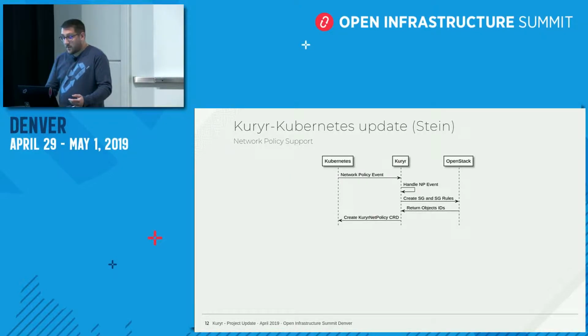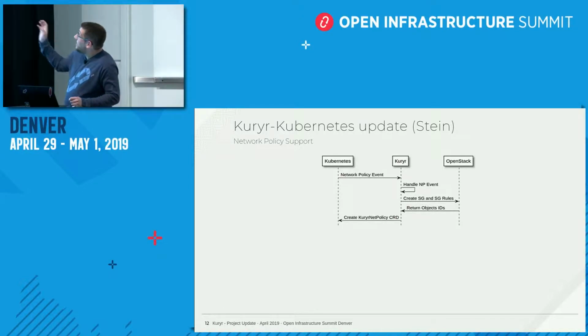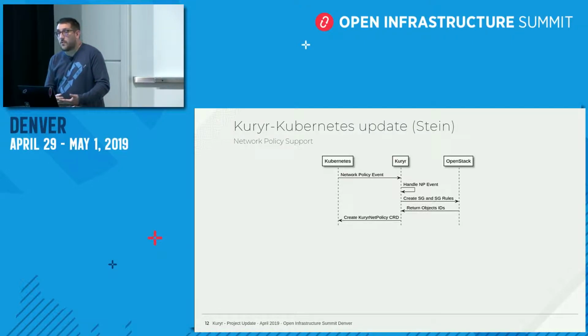So if you see here, basically, we get Kubernetes here on the very left. Whenever we receive one network policy event, we handle that. By we handle, it's the handler who is doing that, and we parse it. And we are speaking with OpenStack, so we are creating one security group and several security group rules per network policy from Kubernetes.